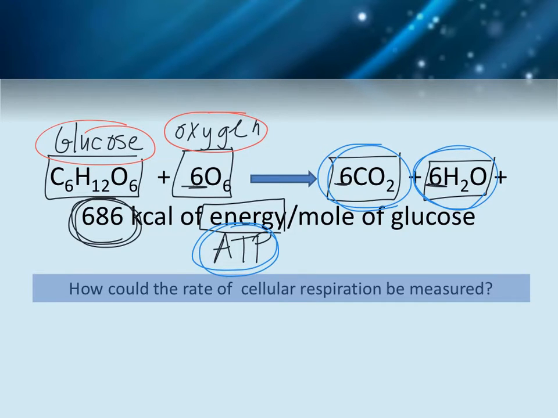For our purposes, the easiest thing for us to do in class with the materials we have is to record or to follow the consumption or the use of the oxygen gas. Okay, so the faster that oxygen gas is being used, the more respiration is taking place, the more ATP is being produced.